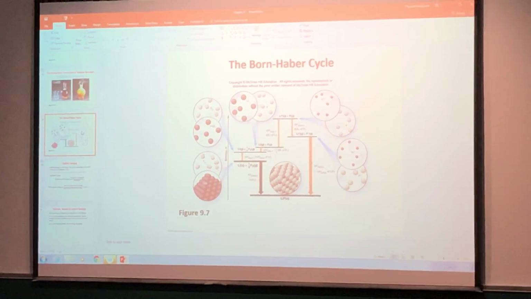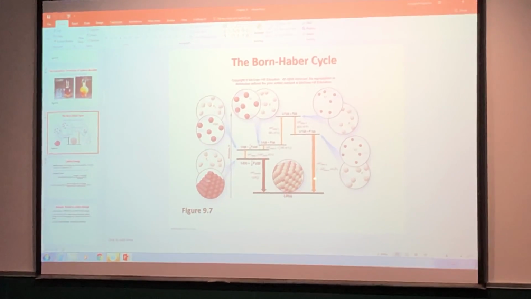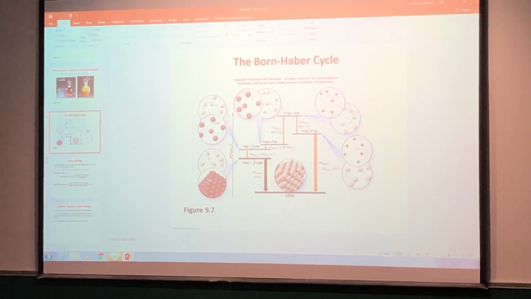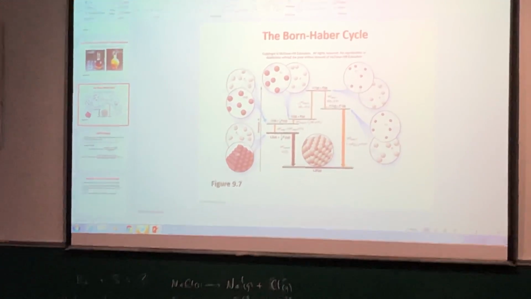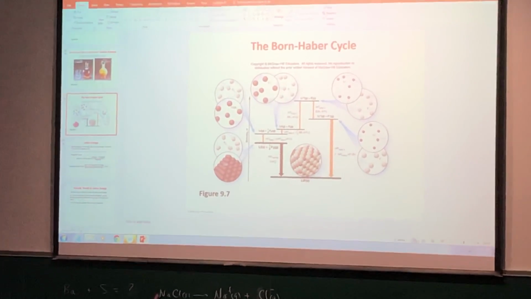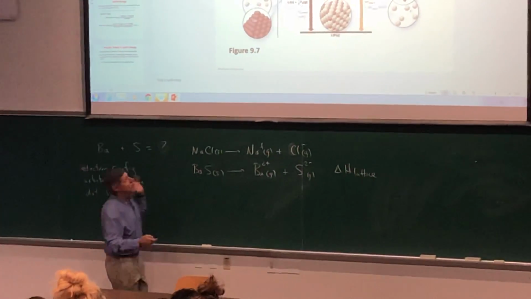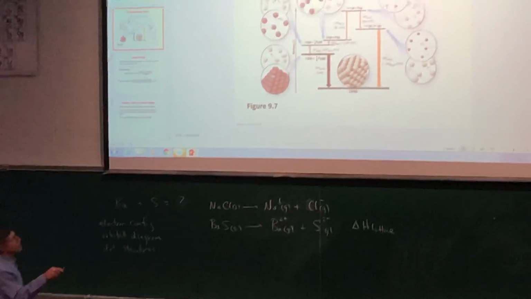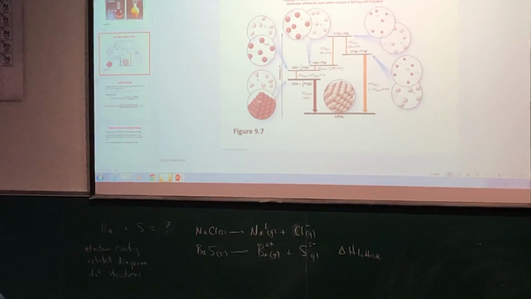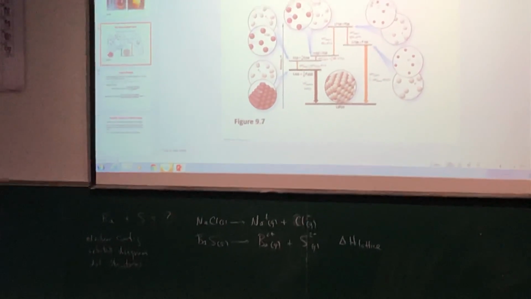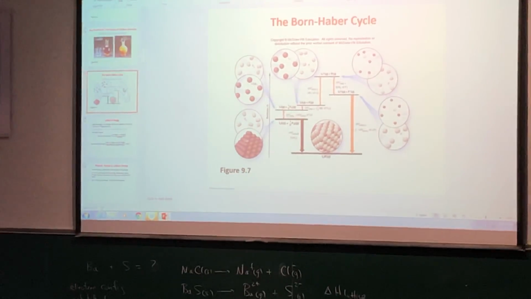So if we have these reactants going to this product, that's defined up here as the negative of the lattice energy. Well, we define the lattice energy as the energy to take it apart, right? So this going from the ions to the solid is just the opposite direction. So in the opposite direction, you just change the sign.